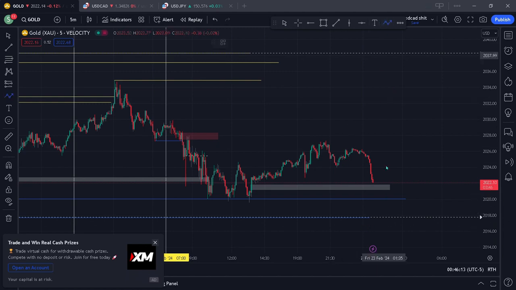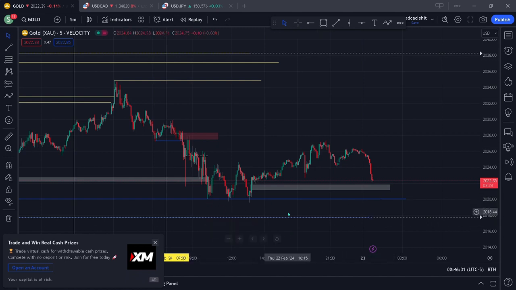But it all depends on what we create here. If we create some kind of support so that we can go higher, then yeah. But if we don't, then you don't have a trade. That's how this usually works.